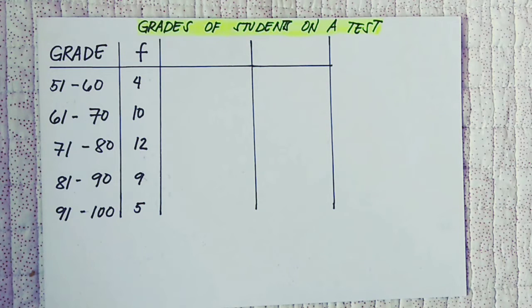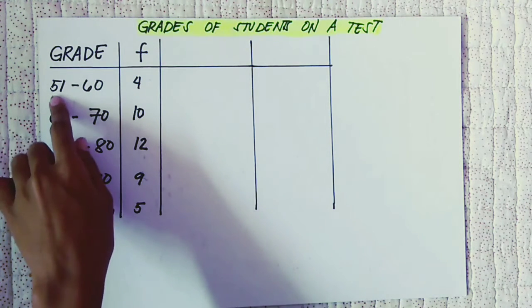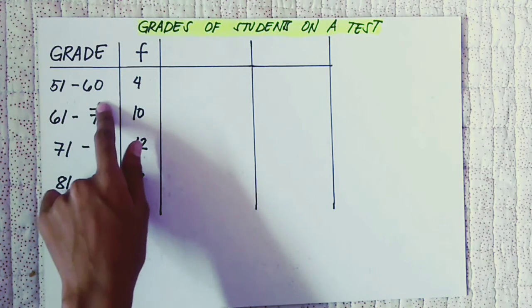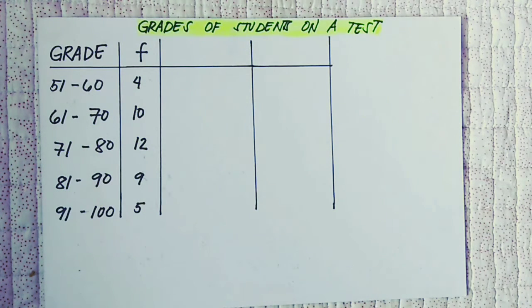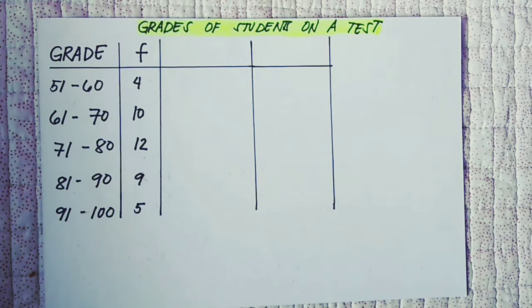The midpoint, as I said earlier, will be the sum of the lower and upper boundary divided by 2. So here the lower boundary is 51 and the upper boundary is 60. 51 plus 60 is 111, divided by 2, we get 55.5.